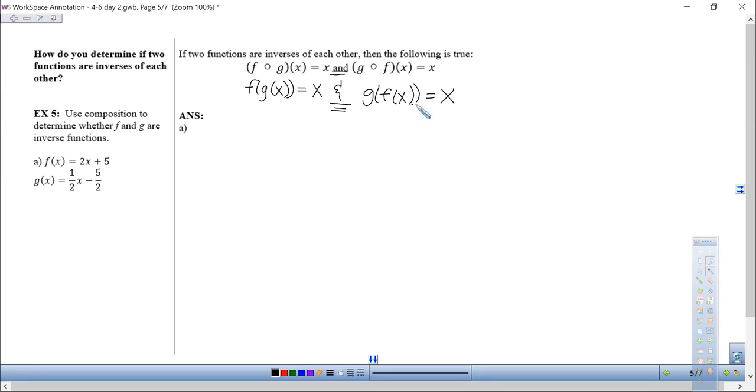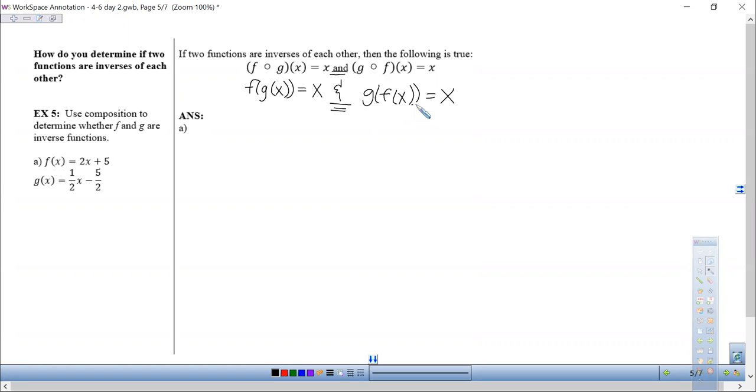In order to determine whether or not two functions are inverses, I have to compose them. If I compose them and I do not get x for either of the compositions, that tells me that no, they are not inverses. So technically I can stop as soon as I plug something in and I don't get x. Okay, so let's look at A.